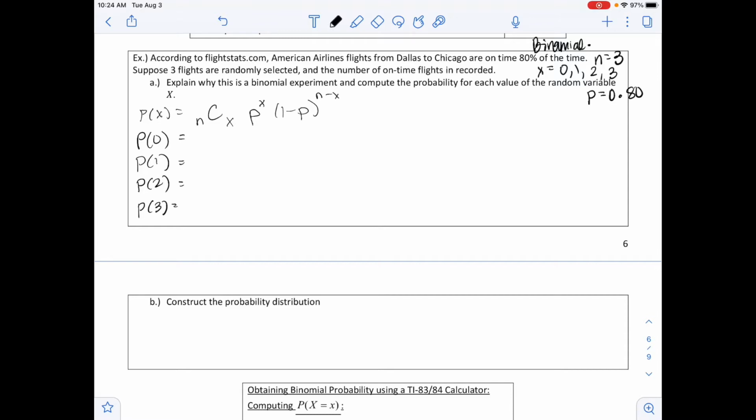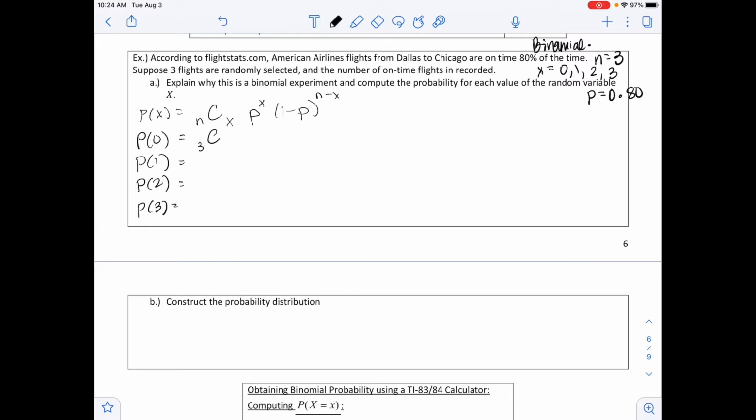And so N in this problem we said is 3, and then x is taking on those different values. P is also fixed at 0.8, and then 1 minus P, which again you can write as Q. And so we're going to go ahead and substitute these all in, and then we'll use our calculator to calculate these. So let's go ahead and do the first one together, and then we'll fill in the rest of them.